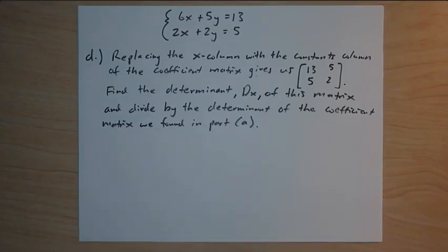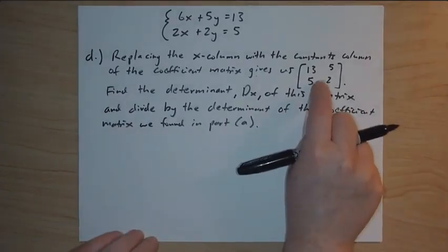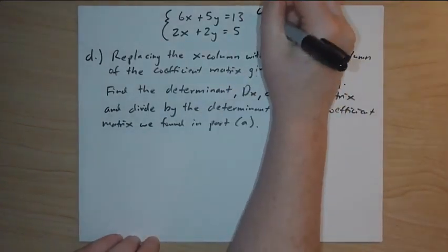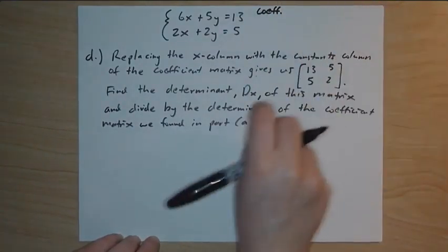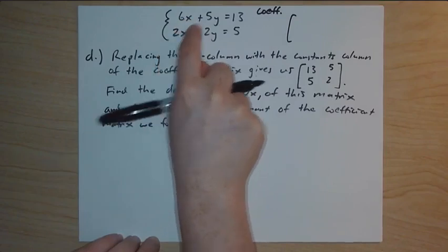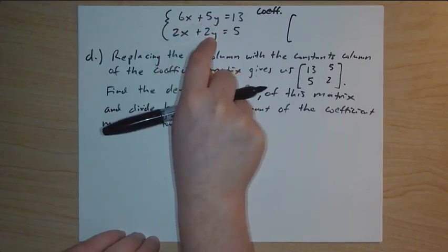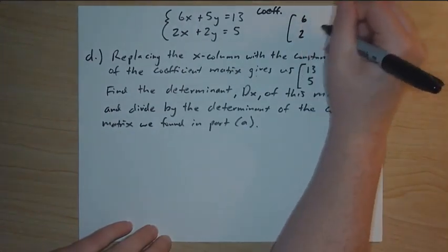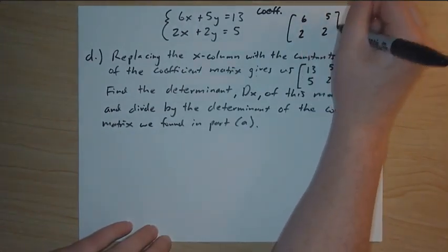So essentially what this first part is saying, how we got to this matrix, was, if you remember from the previous part, our coefficient matrix was the matrix that we got from just taking the coefficients of each of our variables. So this was the coefficient matrix. We had 6, 2 and 5, 2.